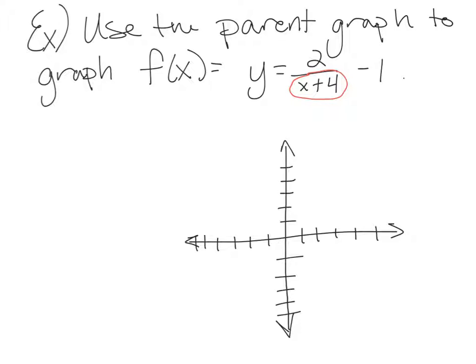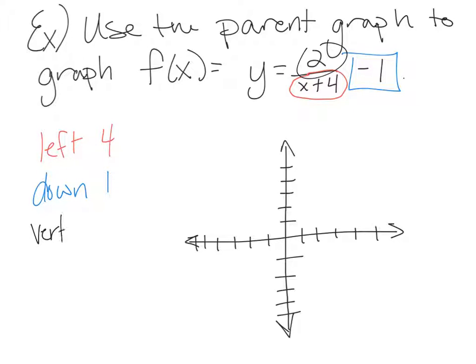Down here it's like we're inside the parentheses, so that's going to tell us to move left 4 units because we do the opposite of what's on the inside of the parentheses. And then this negative 1 is going to tell us to go down 1. We follow what we do. And then lastly, this 2, that's going to be like a vertical stretch by a factor of 2.